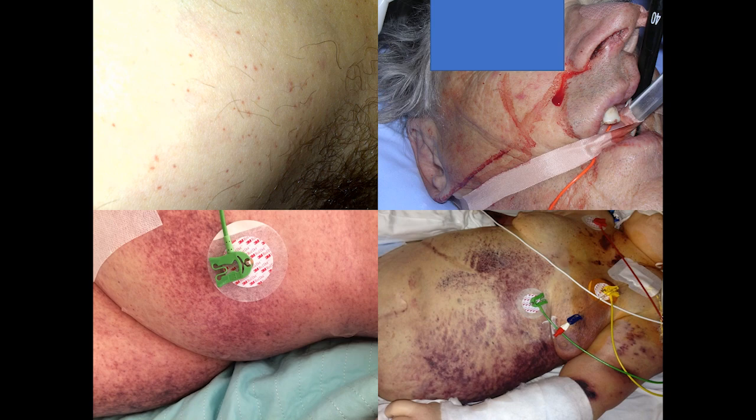On the right-hand side, we see oozing from vascular line insertion points, but also from the nose and the mouth, as an indication of either thrombocytopathy, thrombocytopenia, but also plasmatic coagulopathy. And on the left and right lower hand side, we see clinical signs of disseminated intravascular coagulation. If we see pictures like this, we can be sure about a very high disease severity in those patients.